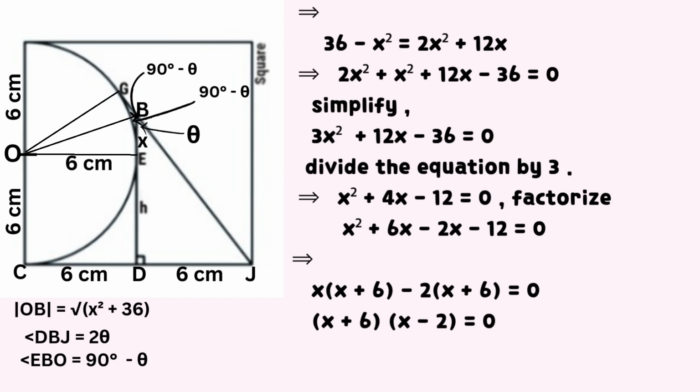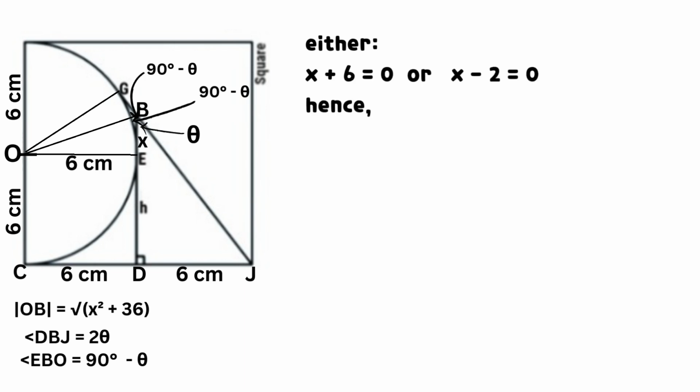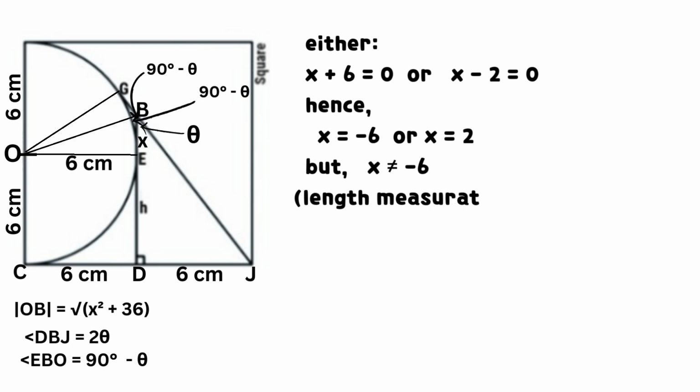Factorize the equation. And we have that the product of the sum of x and 6 and x minus 2 equals 0. Either the sum of x and 6 equals 0 or x minus 2 equals 0.